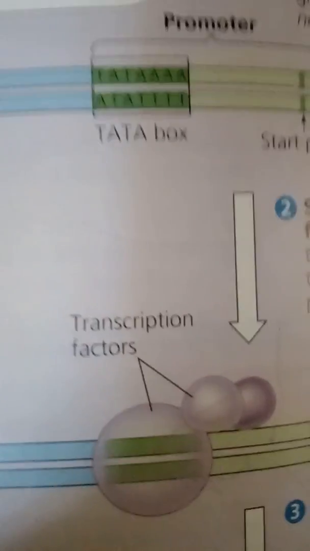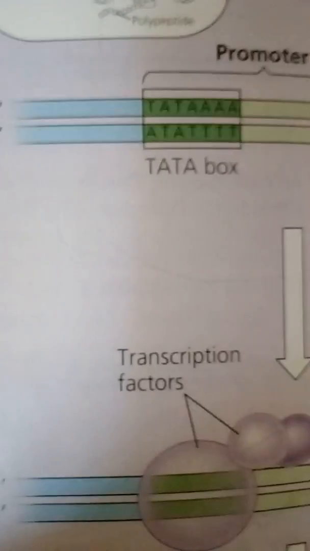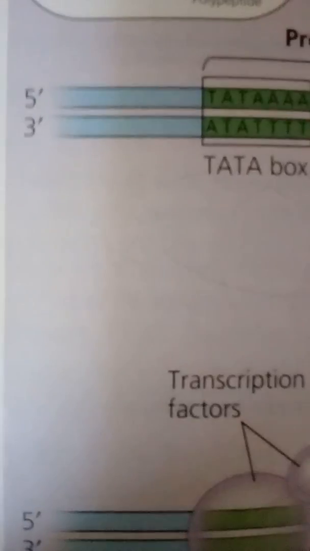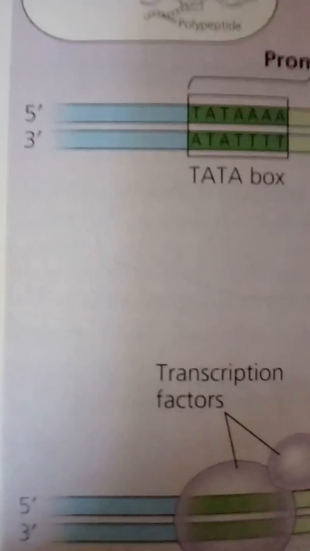Then, at a point about 10 to 35 nucleotides downstream from the AAUAAA, proteins associated with the growing RNA transcript cut it free from the polymerase.